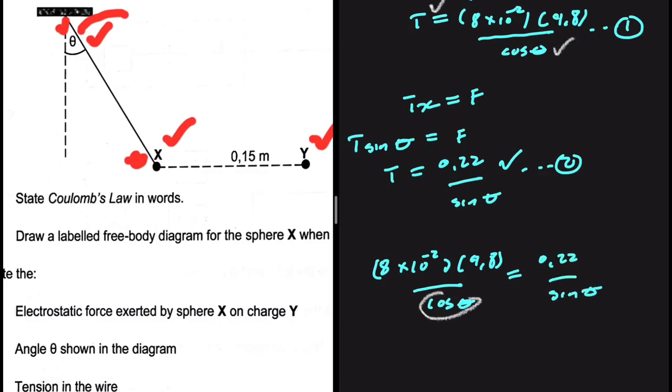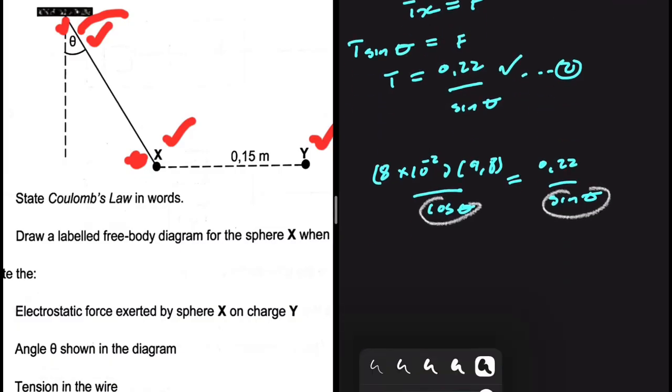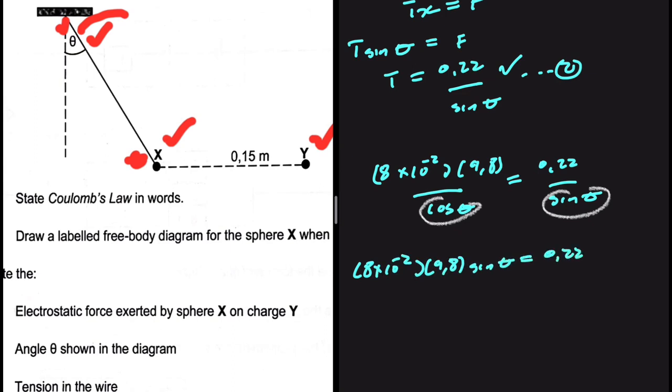I have cos of theta and sine of theta. If I divide sine of theta by cos of theta, I'm going to get tan of theta, and my problem is simplified. Let me try and achieve that. If I cross multiply, I get 8 times 10 to the minus 2 multiplied by 9.8 multiplied by sine of theta, equal to 0.22 multiplied by cos of theta.